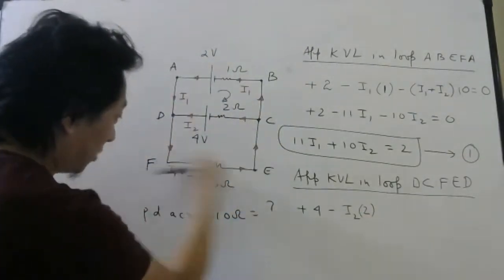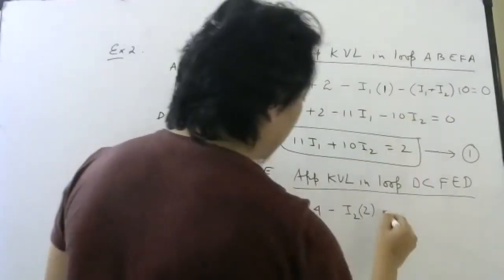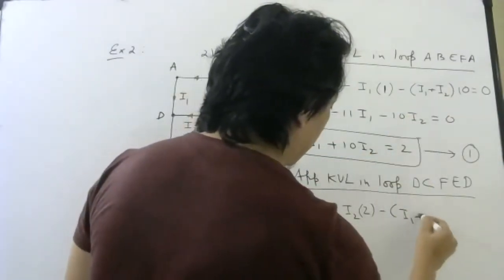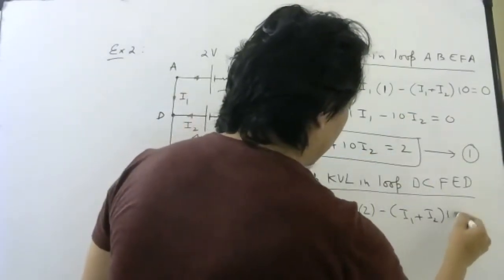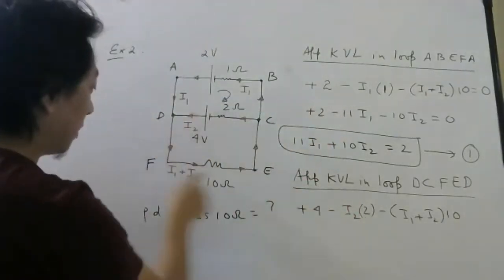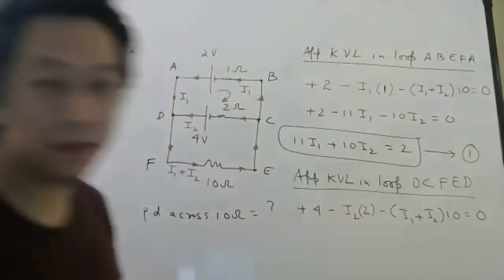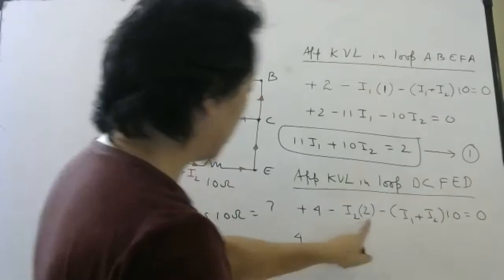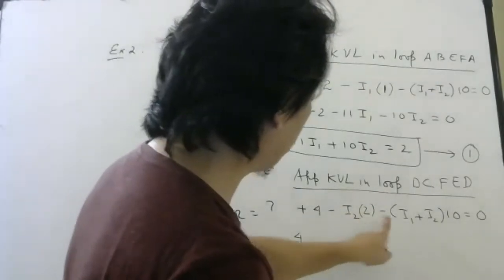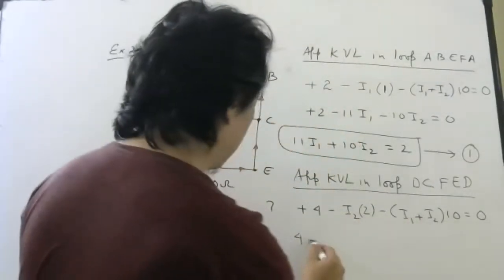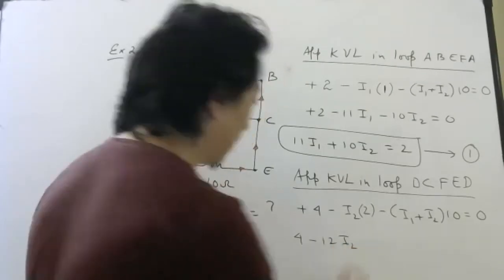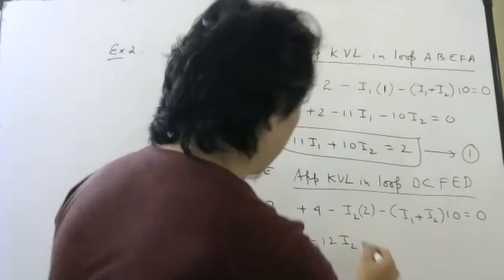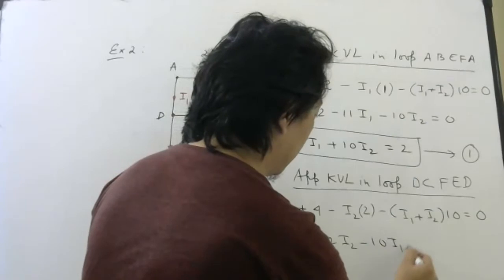Then you come here. Again, you are going opposite. So it will be same as this only, right? Minus I1 plus I2 into 10. Coming back to same point. So algebraic sum should be 0. Okay. So then how much will you get this time? 4 minus 2I2 minus 10I2 minus 12I2 minus 10I1 equal to 0.